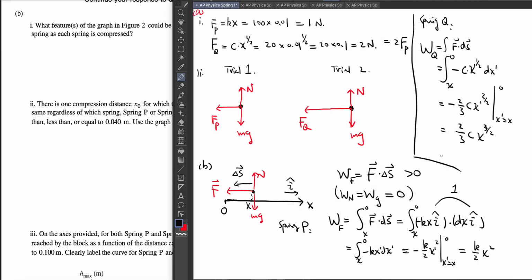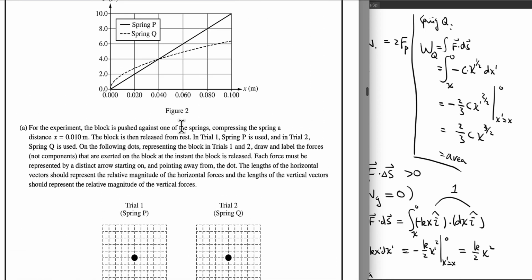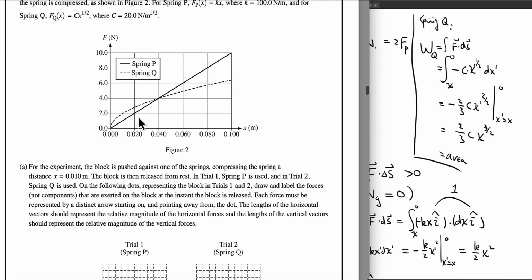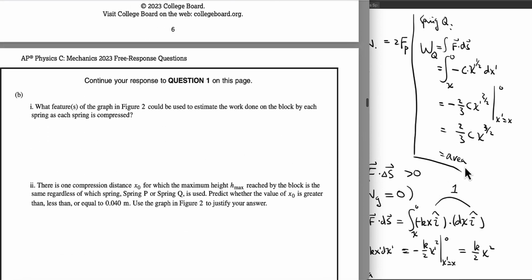So what I'm trying to say is that this integral represents the work done by the two springs, and in the diagram, it equals the area under the curve. If you look back at figure 2, the area under the solid line represents the work done by spring P, and the area under the dashed line is the work done by Q. So the answer here is the area.